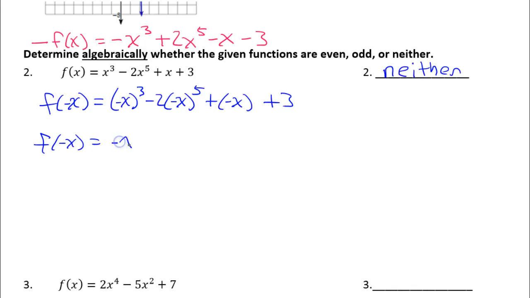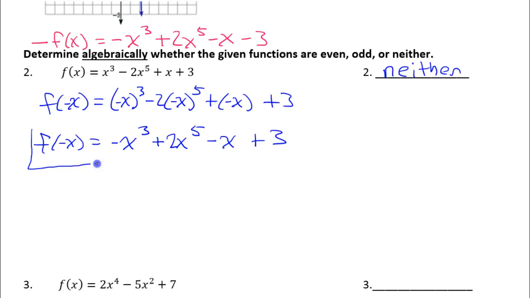So even without parentheses, this will be negative x to the 3rd power. This negative is also going to stay around because I have an odd power. That means I have a negative times a negative, which is a positive. So I will have positive 2x to the 5th power. This negative is not going anywhere, but instead of having plus negative, we'll just write minus x. And then, of course, we'll bring down the plus 3.